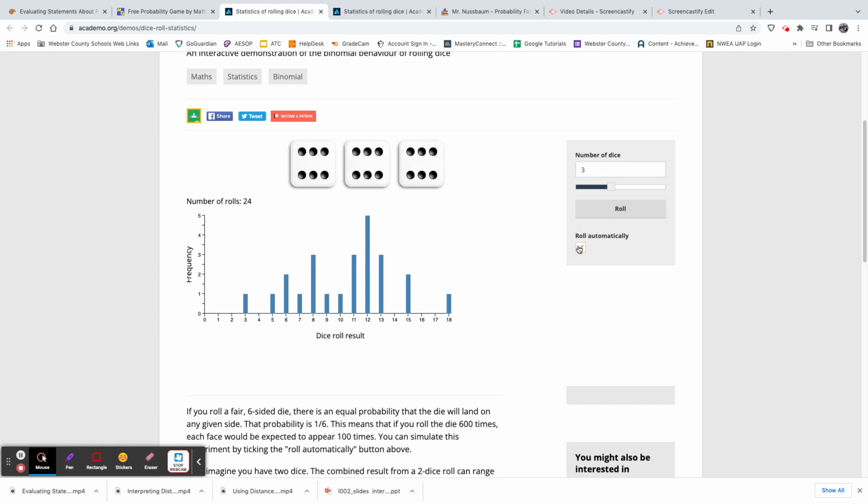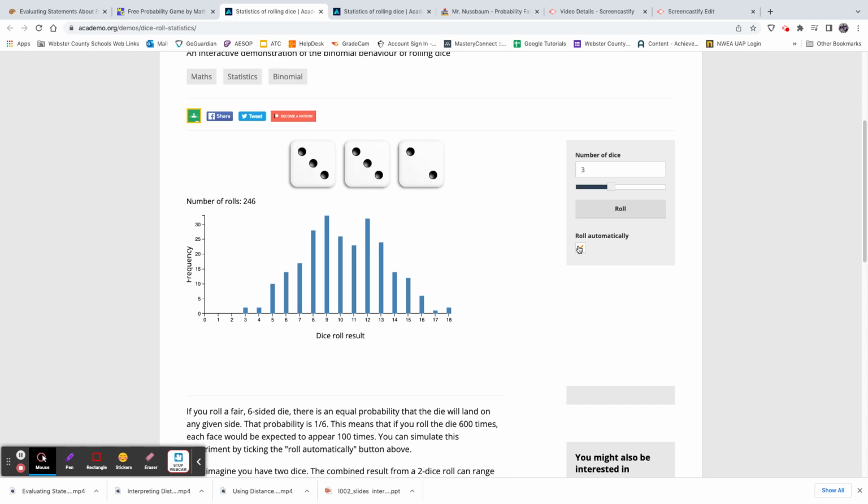We're going to see what sum appears more than any other sum, because there are more combinations of numbers that add up to it. So according to this, it looks like it's going between 8 and 12. Now I've got 9.